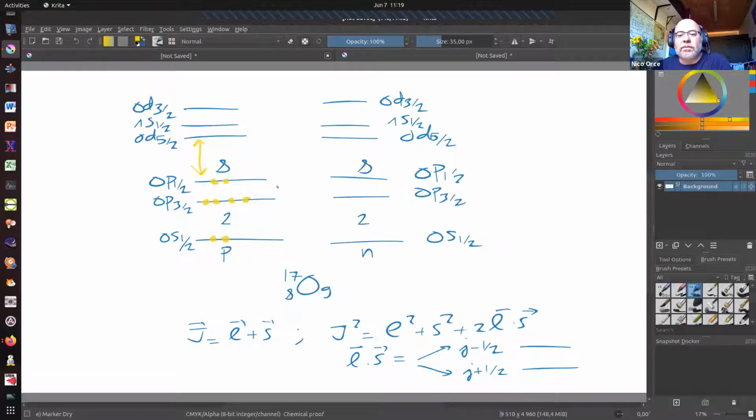And now let's see what happened with the oxygen 17 with the 9 neutrons, right? We go to the neutron side and we have 1, 2, 1, 2, 3, 4, 5, 6, 8 total, and then 9. So here we have an odd particle.